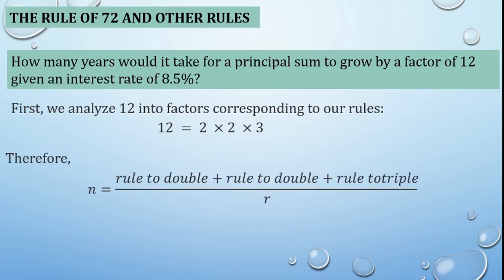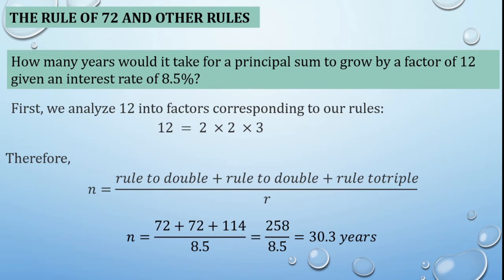Therefore, n is equal to the rule to double plus the rule to double plus the rule to triple, divided by R. Therefore, we have n is equal to 72 plus 72 plus 114 divided by 8.5, which is equal to 258 divided by 8.5, which is equal to 30.3 years. So the rate here is being used as whole numbers, not as percent.